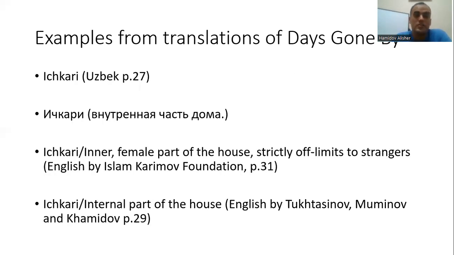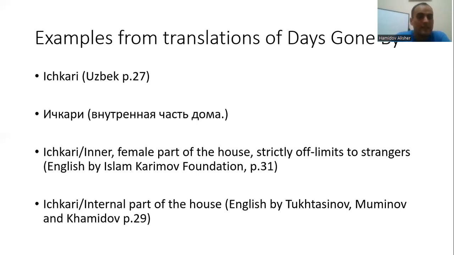And the next one is ichkari, which I've already mentioned a little bit earlier. Ichkari is a kind of archaic word nowadays because we don't use it as it was used before. Yes, this word exists in Uzbek, but it doesn't mean what it meant in days gone by.